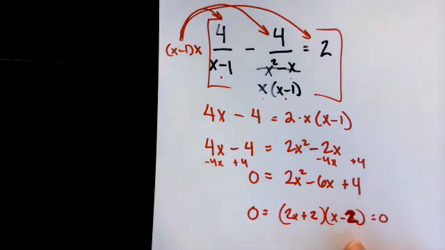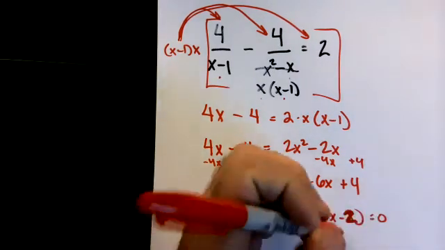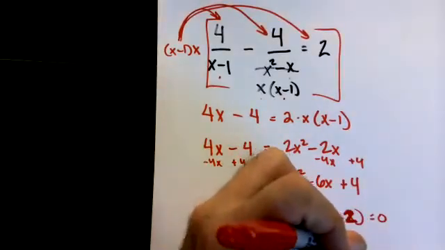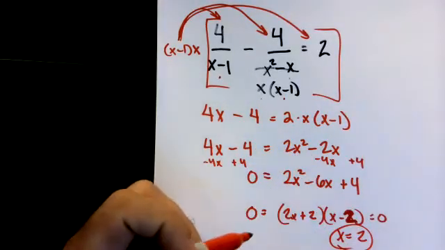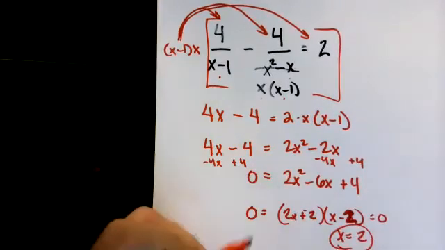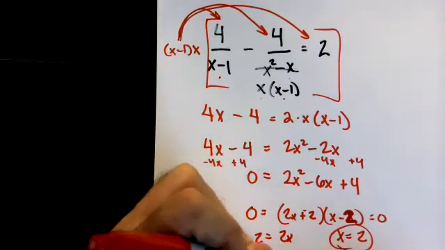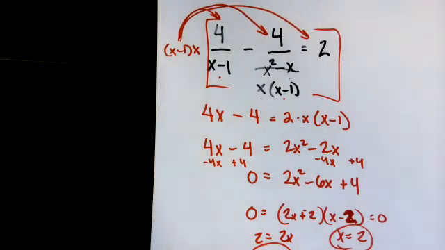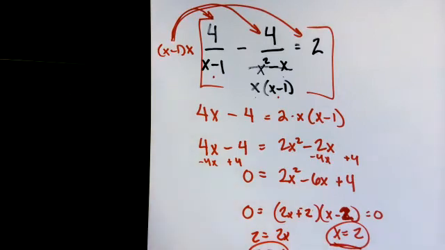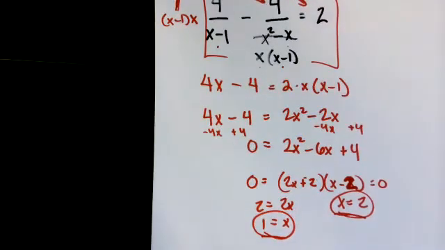So set my factors equal to 0. X could equal 2, that should be a negative. Solve for x, 2x equals 2, and x could equal 1. So because we had a quadratic, we have 2 potential solutions.